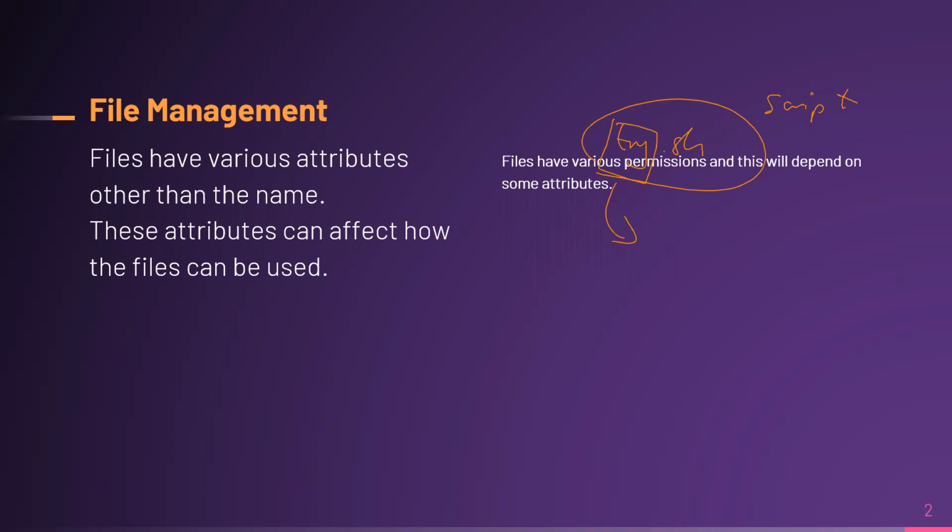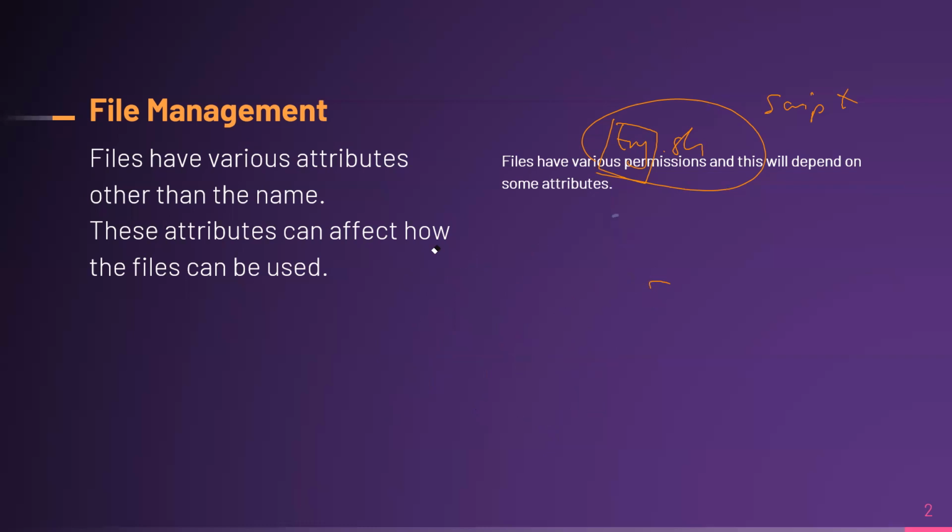If I'm trying to draw a parallel with what we'll be doing in the future when we get to cloud, we'll be looking at something called IAM, which is identity access management. Let's draw the parallel. The identity here will be who has access to this file. The access here will be what they can do. So basically the same thing applies to any normal file in the file systems here.